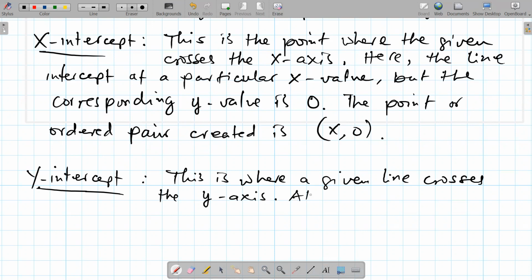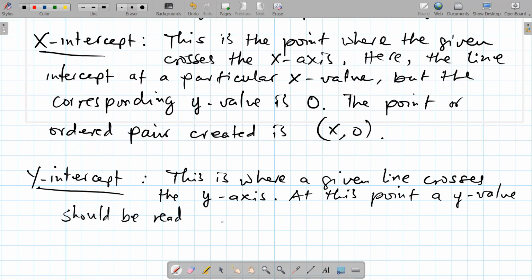At this point, a y value should be read, and the corresponding x value is always 0.